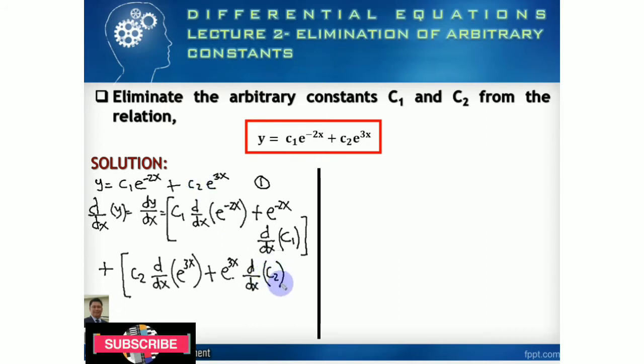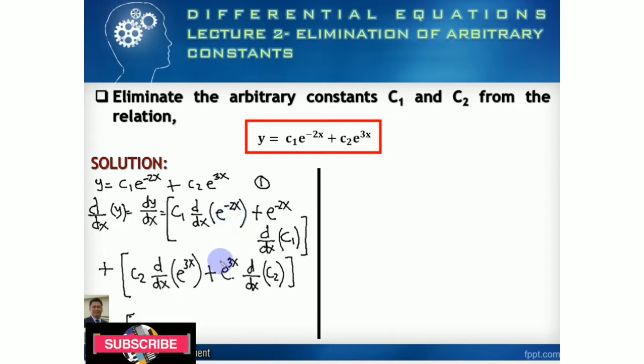Okay, so we have now this first derivative, and we will simplify it. Our dy over dx is equal to, first with this one, C1 times the derivative of e raised to the power of negative 2x.